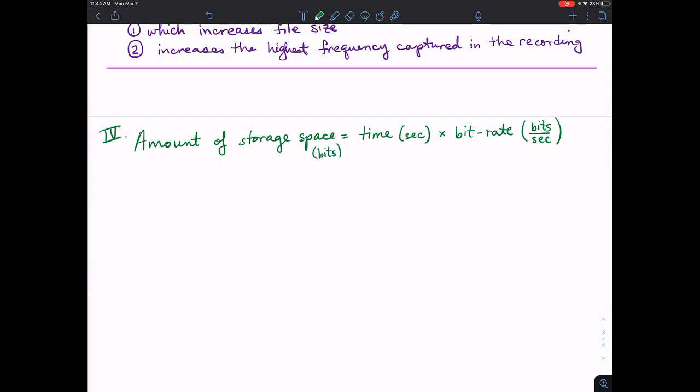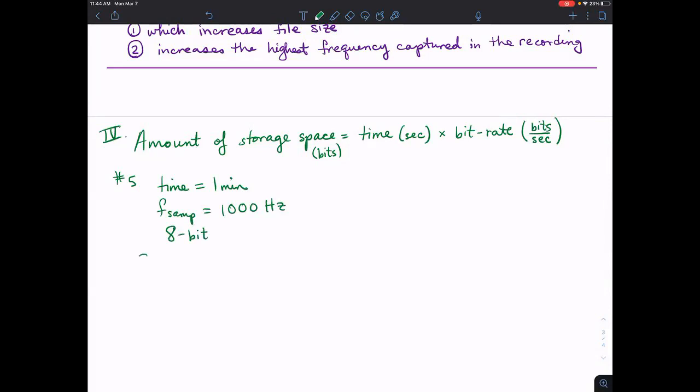So number 5 says, how much information must be stored for a 1-minute recording? So time equals 1 minute, if the sampling rate is 10,000 samples per second, and each one is an 8-bit sample. Okay.